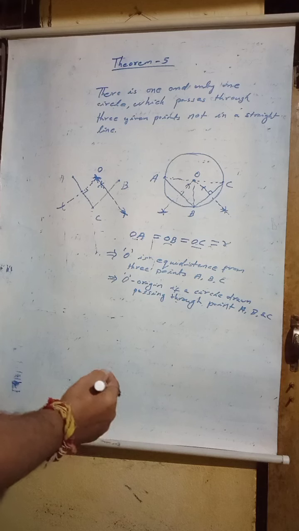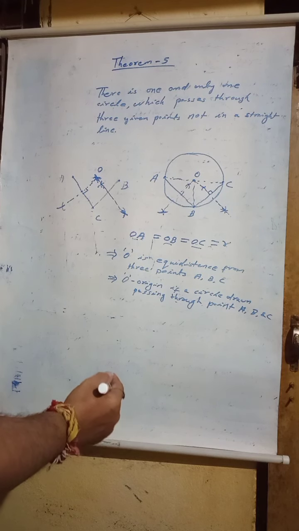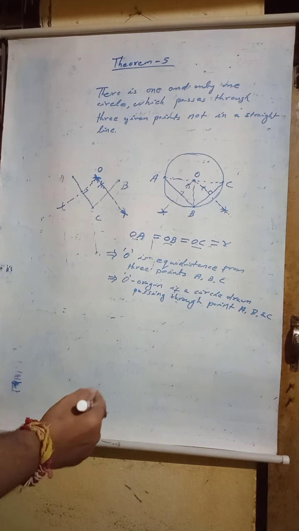Now, the perpendicular bisector of every chord always passes through its center.